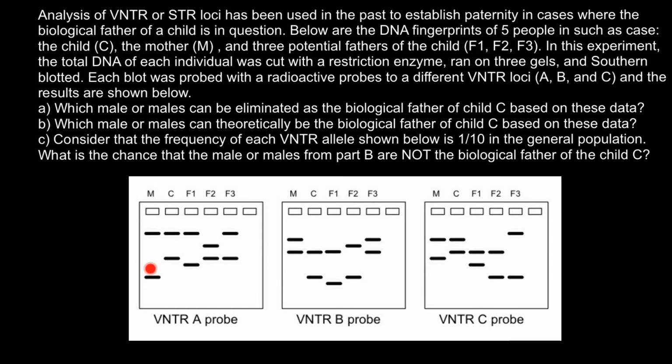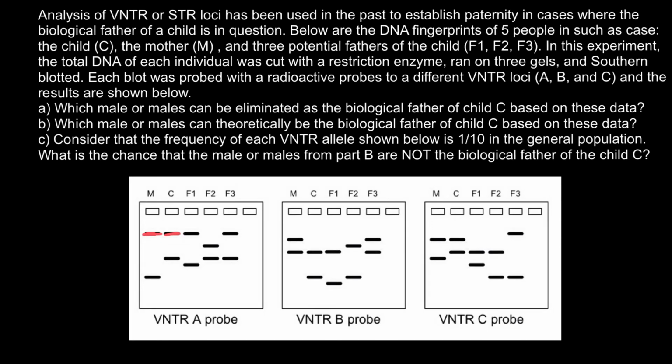So this is the genotype of the mother, this is the genotype of the child. What can we tell? We can tell that the mother couldn't contribute this allele because she doesn't have this allele, but she can contribute to the genotype of the child this allele. So mother has this allele and child has this allele.